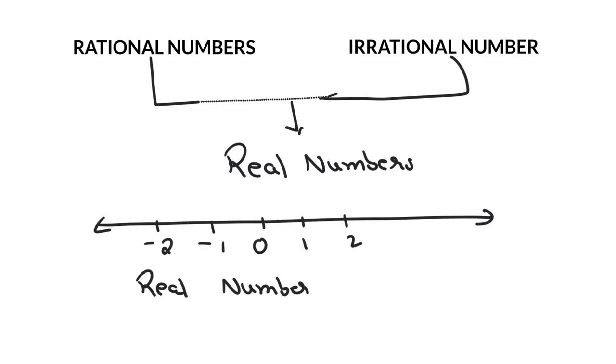Every real number can be represented on a number line, and each real number occupies a unique position on the number line. So this was all about number systems: natural numbers, whole numbers, integers, rational numbers, irrational numbers. We have to further understand what rational numbers are and how they can be represented as decimals. We will look at this in our upcoming videos.